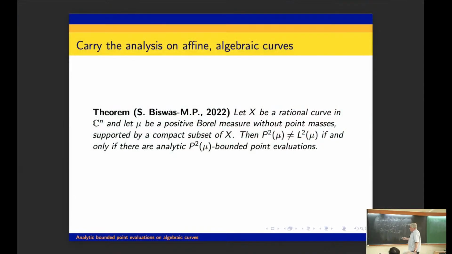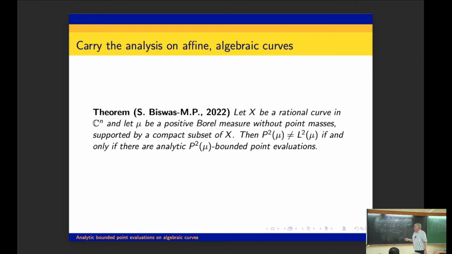And ask, is Jim Thompson's theorem true on algebraic varieties? Now, in higher dimensions, you don't expect point evaluations because the support can be on a curve. So it's very natural to restrict yourself. You take the Zariski closure to be just a curve.